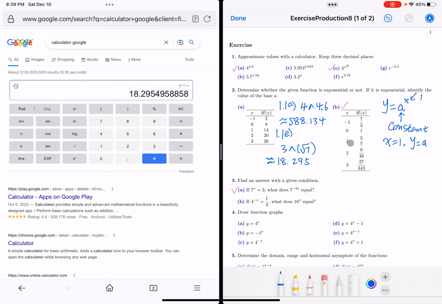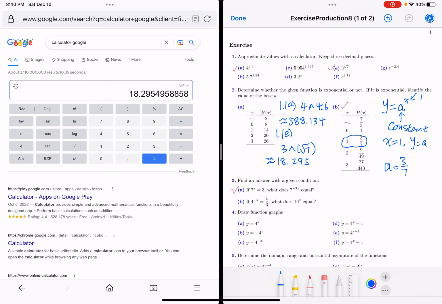And then we see here x equals 1 is 3/7. So in this case, for this one, a is 3/7.